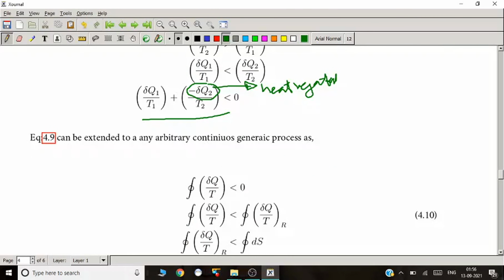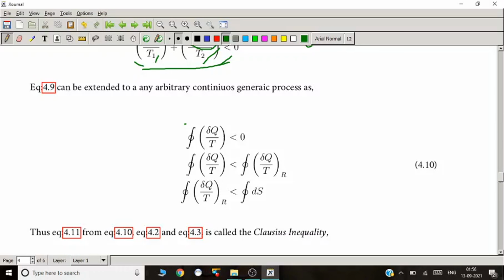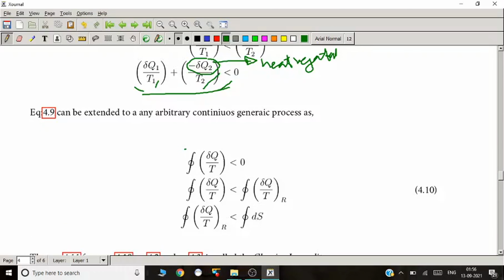This is for a system that takes in heat in process 1 and rejects heat in process 2. If we apply this to a continuous process, we can replace it with a cyclic integral. So the cyclic integral of delta Q by T should be less than 0 for any arbitrary continuous generic process.